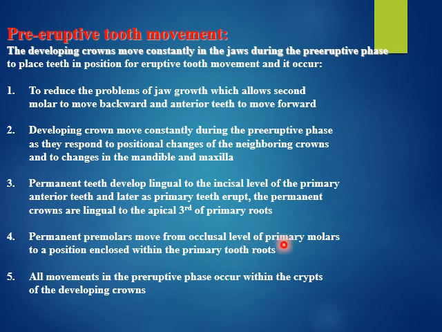When this primary molar erupts, the permanent premolar is located between the roots of the primary molar. Fifth, all movement in the pre-eruptive phase occurs within the crypt of the developing crown, meaning that the deciduous and permanent tooth are located in the same bony crypt, which represents the developing alveolar process.